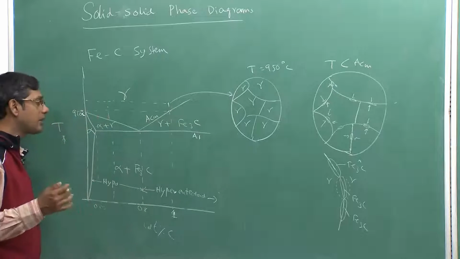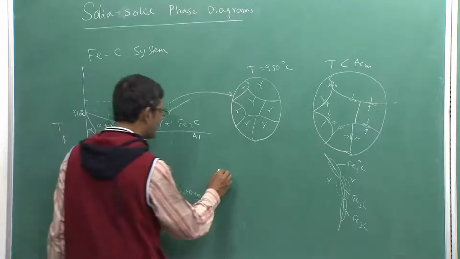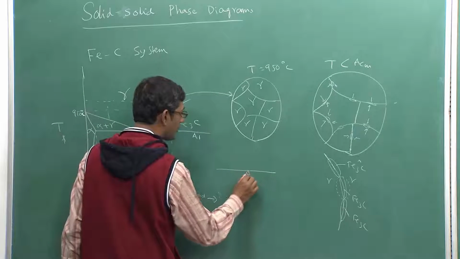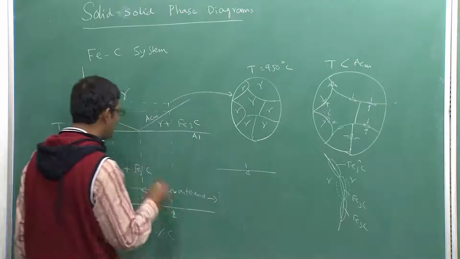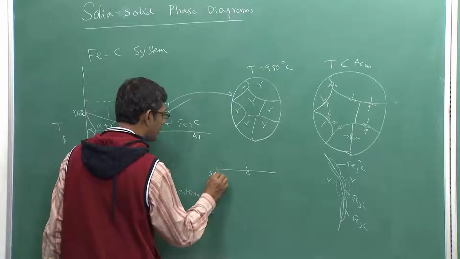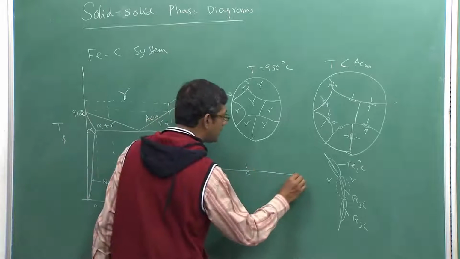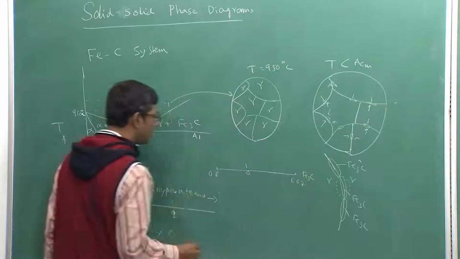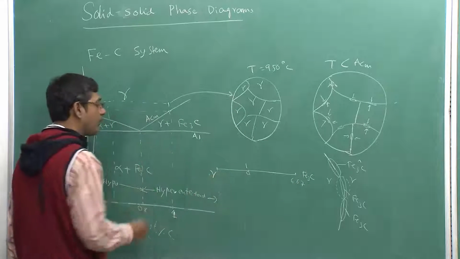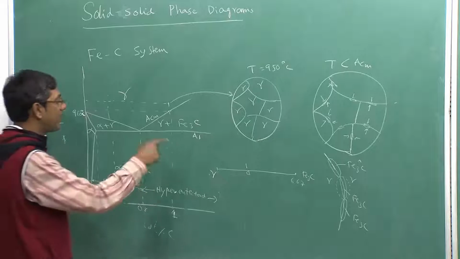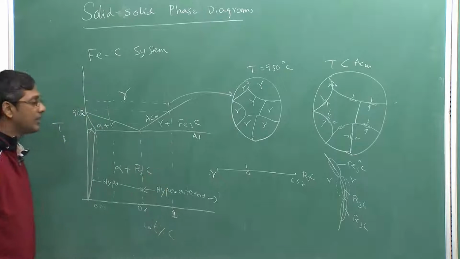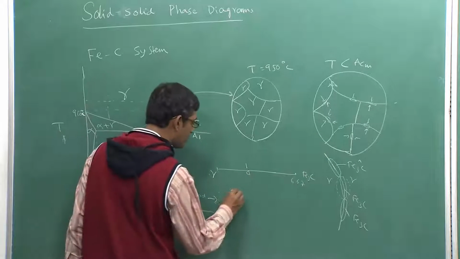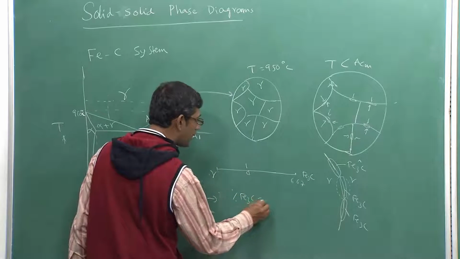Why? That can be calculated. So, let us do that calculation using the lever rule. My alloy composition is 1% carbon, right. So, my alloy will be at 1% carbon, and this is 0.8 where the pearlite forms, and cementite composition is 6.67. So, this is cementite, and this is gamma. I am calculating the percentage of cementite above A1 temperature, that cementite is the primary cementite which will form along the grain boundaries. What is the percentage of cementite? Very easy, you can do it yourself.